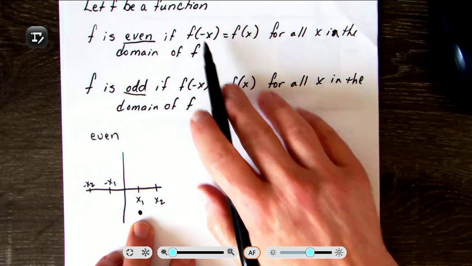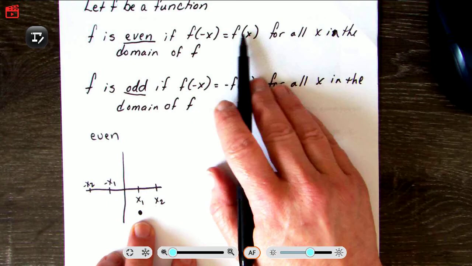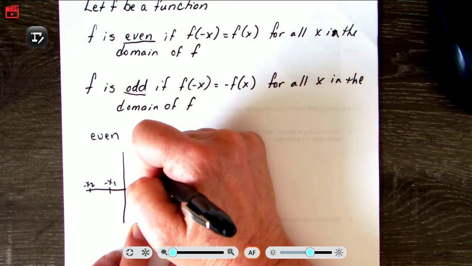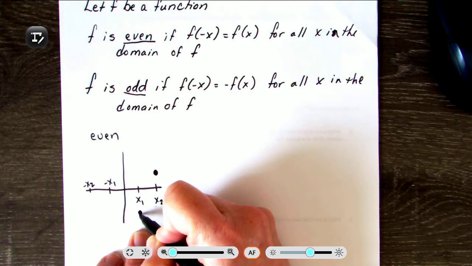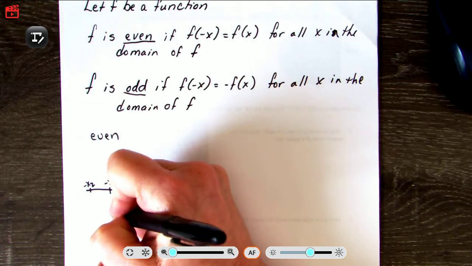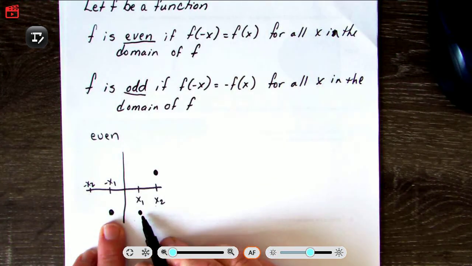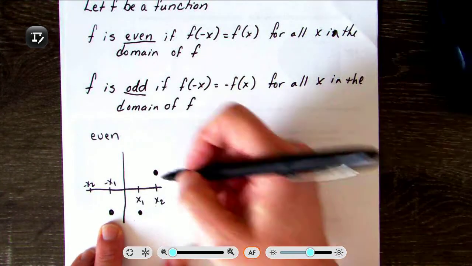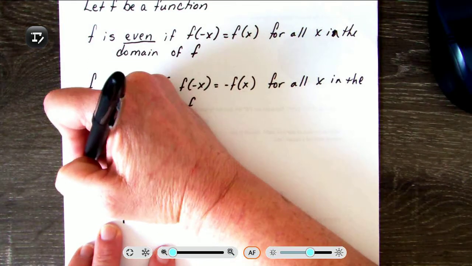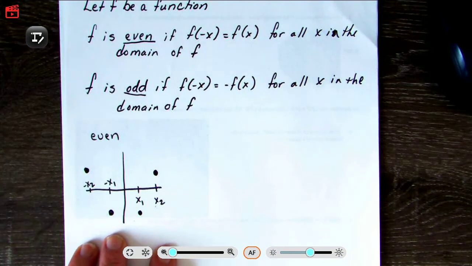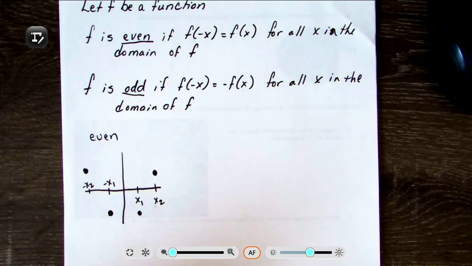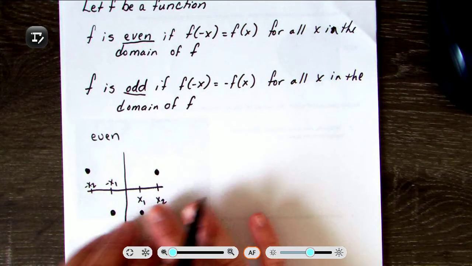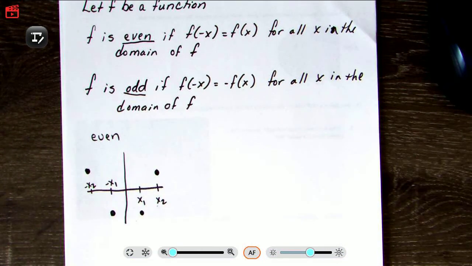And they're going to have the same y value. So if this is your y value here, this is going to be the same y value on this side. No matter what your y values are for positive x values, those negative x values have the same y value.